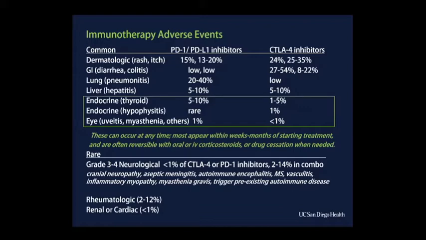So thankfully, these complications can often be resolved with steroids and often do not require ending immunotherapy in all cases. And even if a patient needs to go off immunotherapy for a while, some can be re-challenged and continue their therapy. So we're learning about these as well as it comes.